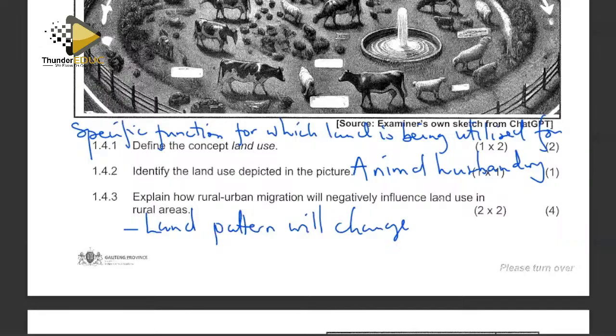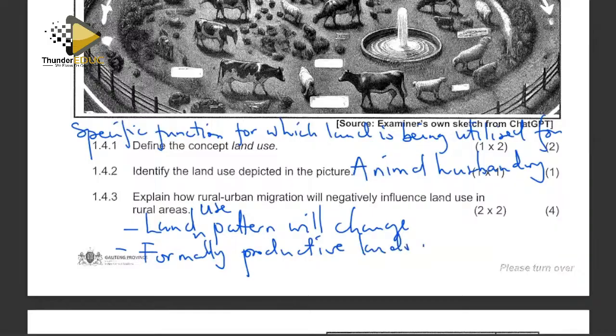The land use is going to change in that direction because of the productive people who would have left the rural areas. Or sometimes we can say formerly productive lands will lie idle.